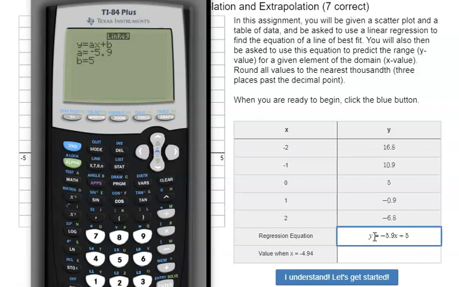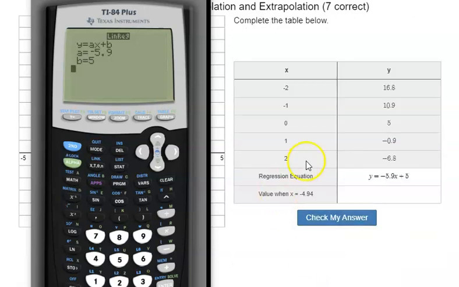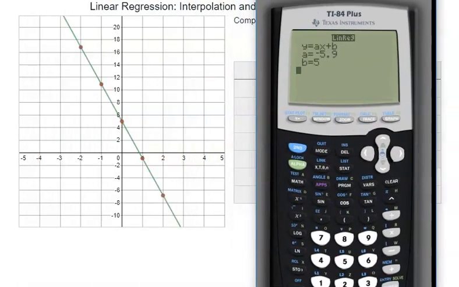And so now we can use this regression equation to make a prediction about the y value when x is equal to negative 4.94. If I look over here at the graph, sliding my calculator over, I can see that that line of best fit actually looks like a line of best fit and is graphed well through there.